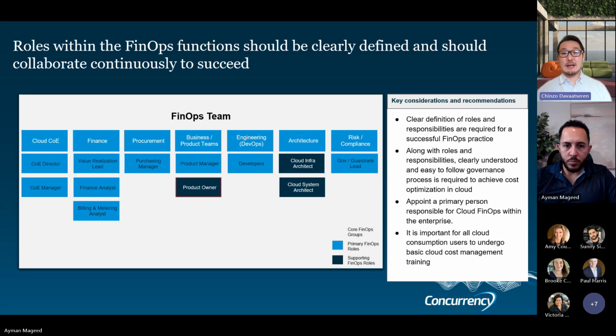Is it being utilized at all times, or cold versus hot storage systems? The product owner, infrastructure architecture, and cloud system architecture are the dedicated people who can achieve this cost optimization on a daily basis.